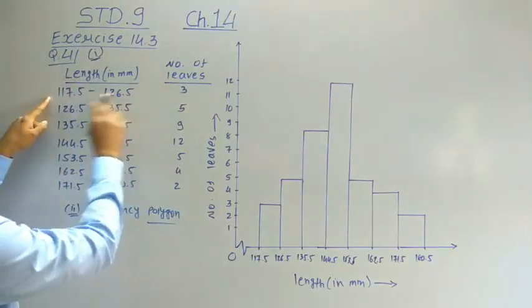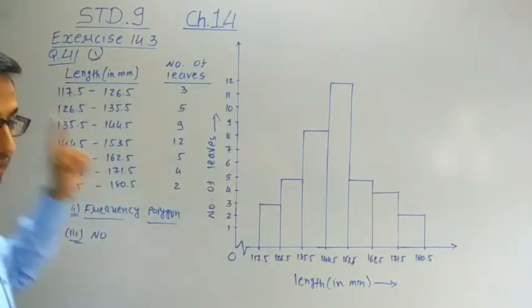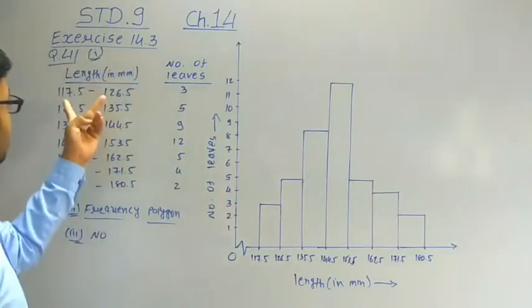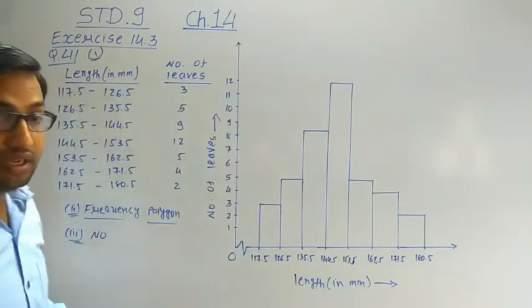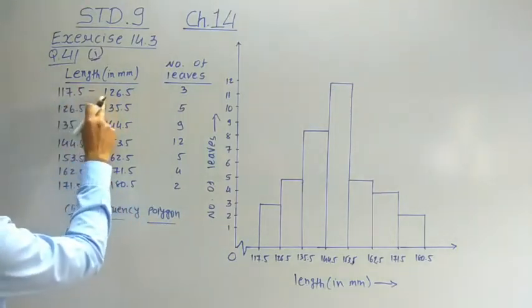The first class interval is 117.5 to 126.5. Now here we have to take the mean value. What is the meaning of the mean value? To take the mean value, we add both these numbers and then divide by 2. So the two numbers are 117.5 and 126.5.